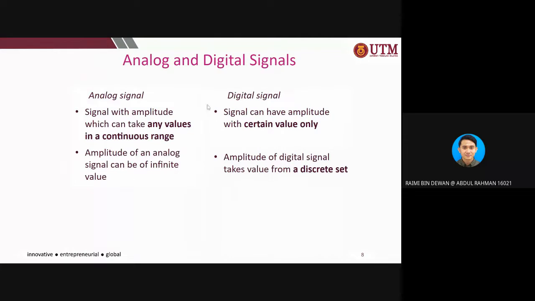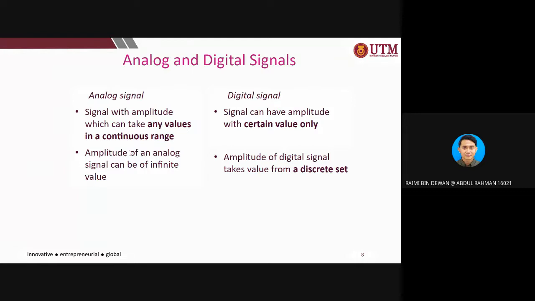Then the analog and digital signals. A signal with amplitude which can take any value in a continuous range is analog, where the amplitude varies but is continuous.